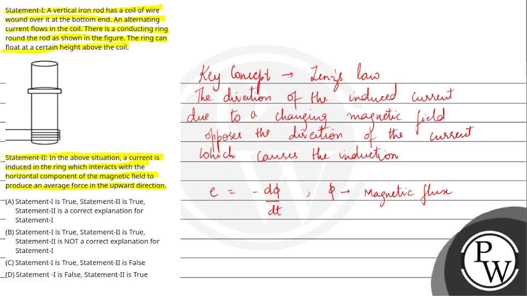So, this is the magnetic flux and E is the electromotive force. तो ये negative sign ये कह रहा है कि this will oppose the current which is causing the change in the magnetic flux.